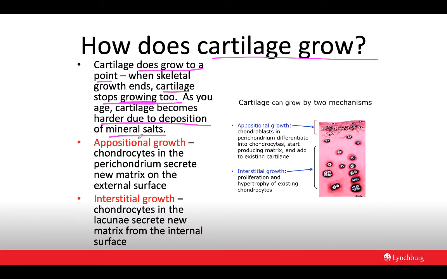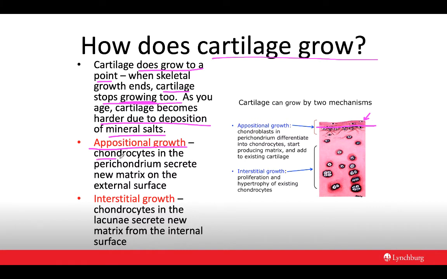When cartilage grows, it grows in two different ways. So one of them is what we call appositional growth. If you look at the edge of the cartilage, we know that we've got that dense, irregular connective tissue layer, the perichondrium, that covers the outside of the cartilage.